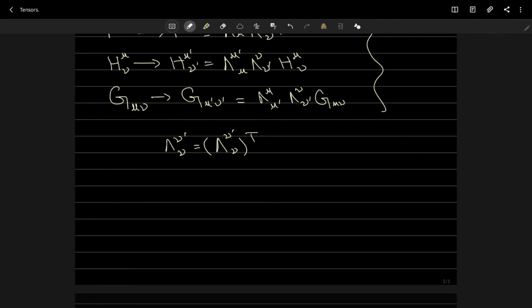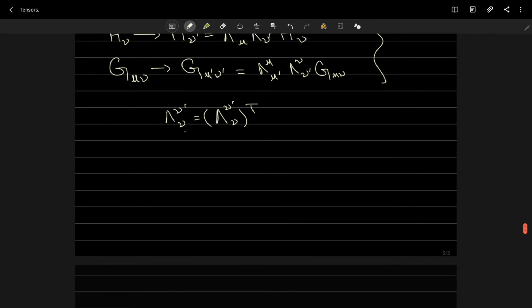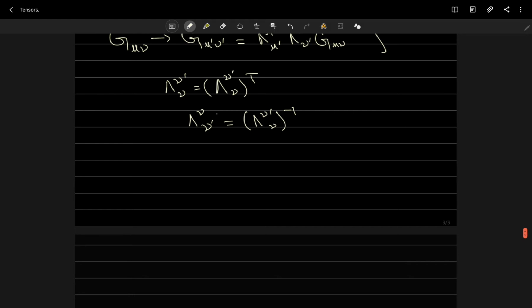Well, you could use this and use this thing that lambda nu prime is equal to lambda nu prime nu inverse, right? So if you shift the indices, these two indices, and you take the inverse, it would be the same thing as the one that you started with, right?